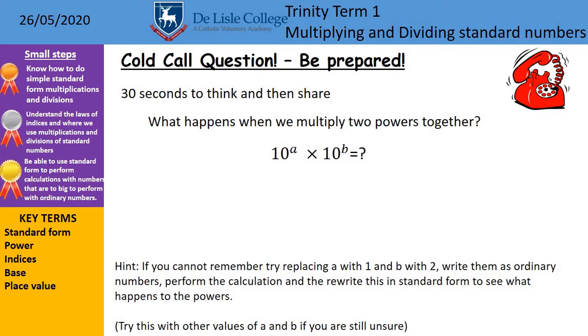So obviously we should remember that when we have the same base, in this case 10 to the a times 10 to the b is just the same as 10 to the a plus b. Now if you're not too sure about that, you could replace a with 1, so 10 to the power 1 is 10, b with 2, so 10 to the power 2 would be 100, and 10 times 100 is 1000, which is 10 to the power 3.